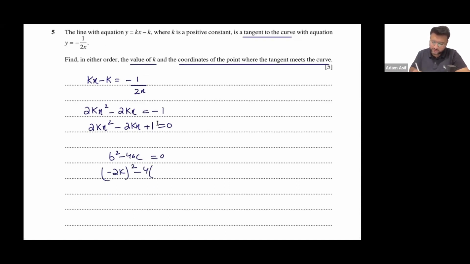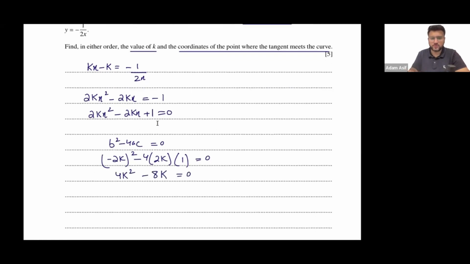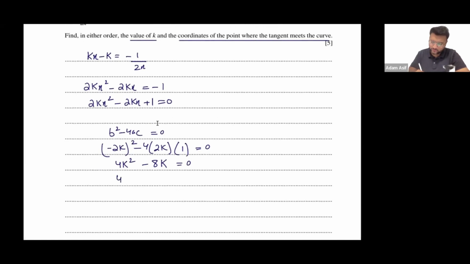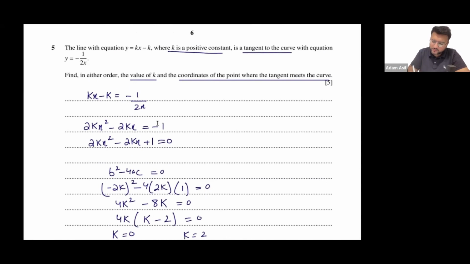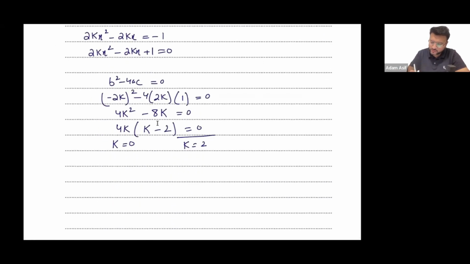So b squared minus 4ac equals 0. 4k squared minus 8k equals 0. Now you can take 4k common, you get k minus 2 equals 0. So k is 0 and k is 2. Now k is a positive constant, so k cannot be 0. So the correct value of k is 2.